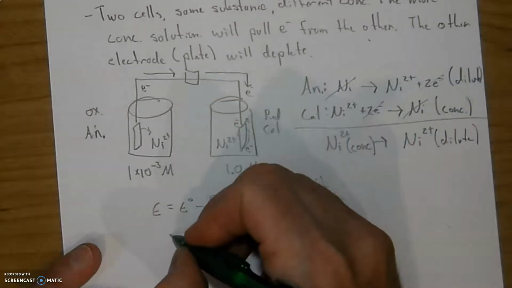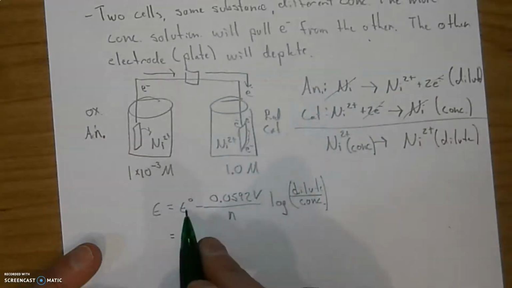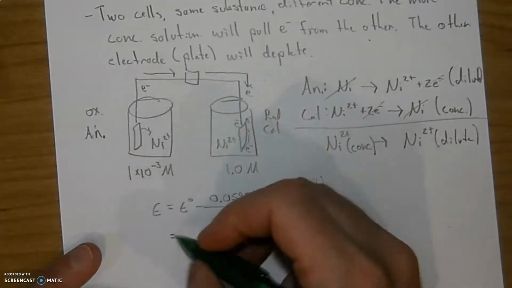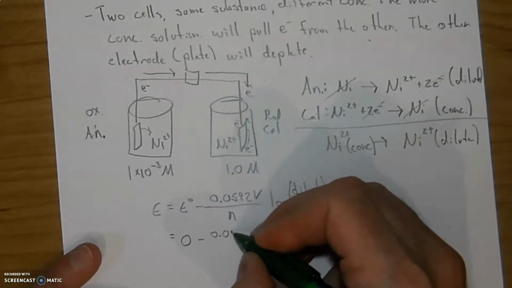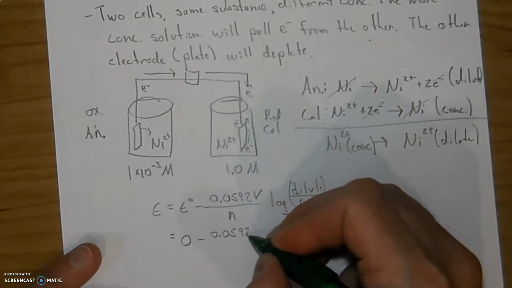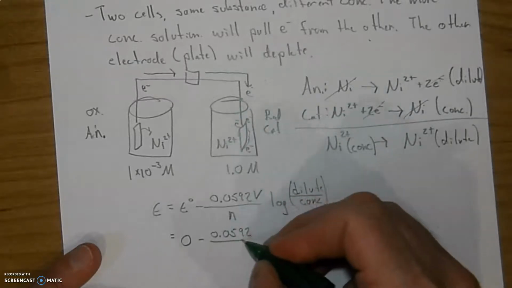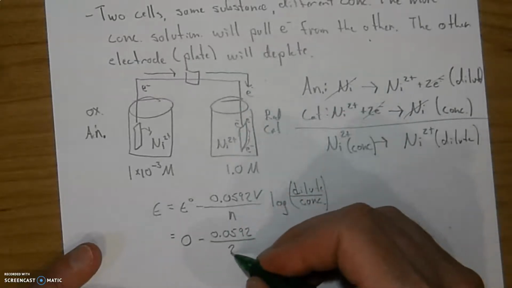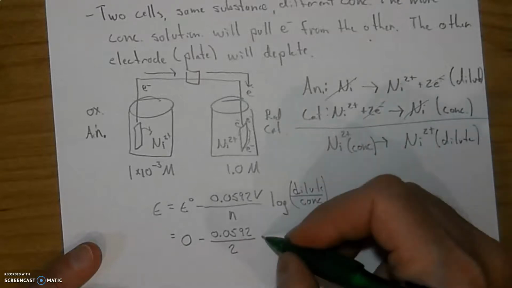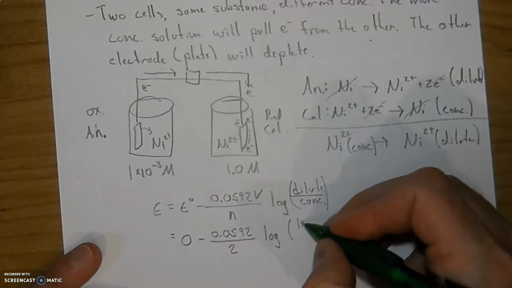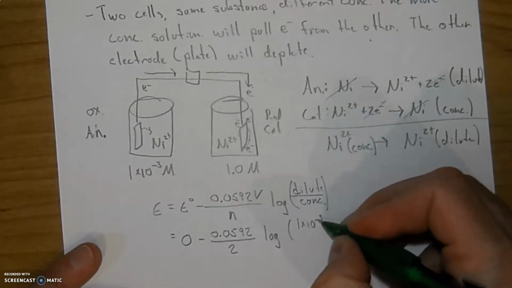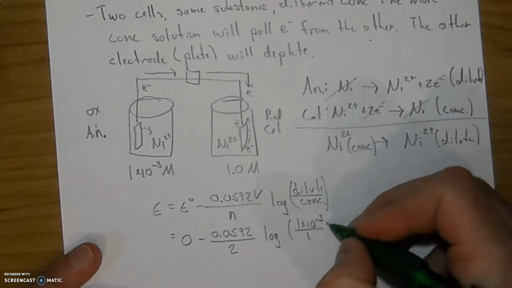Okay, if we put in the values that we should, under standard conditions they're both 1 molarity, E standard would be 0. And then this part isn't going to change, 0.0592 over the number of electrons changing place, which is 2 moles of electrons. And then the log is going to be 1 times 10 to the negative 3 over 1.